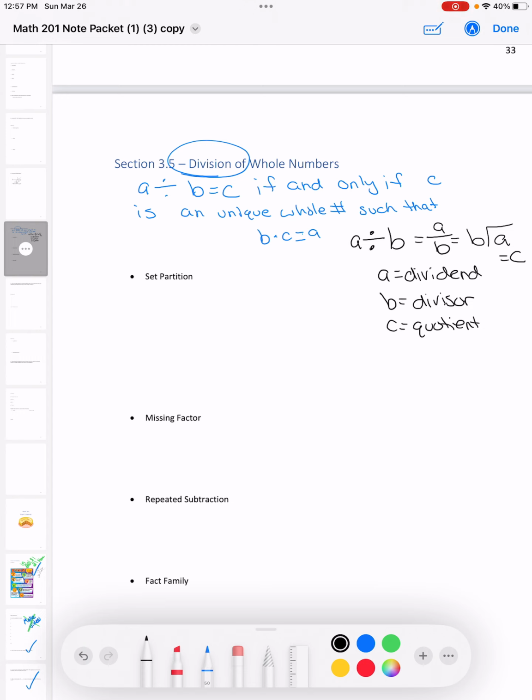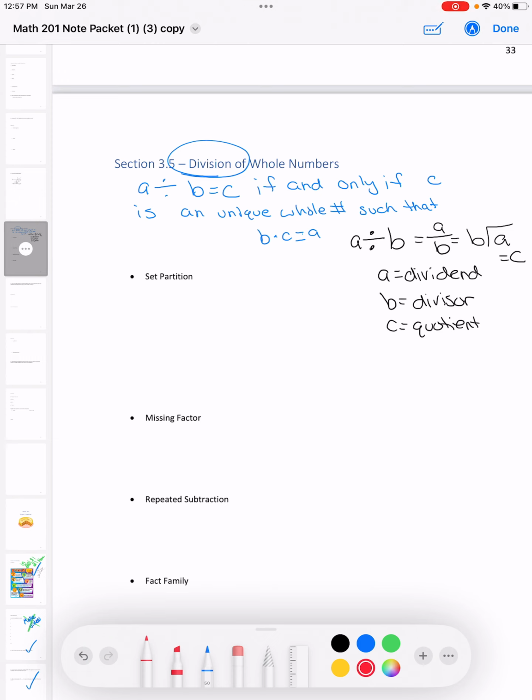Like we've seen on a lot of these operations, we're going to start with our methods, things that introduce our division so we understand what that symbol actually means. So the first is to think about a set partition, so breaking things into sets. So for instance, I'm going to write out a word problem that would be using division in terms of a set partition, and I'll draw a picture as well.